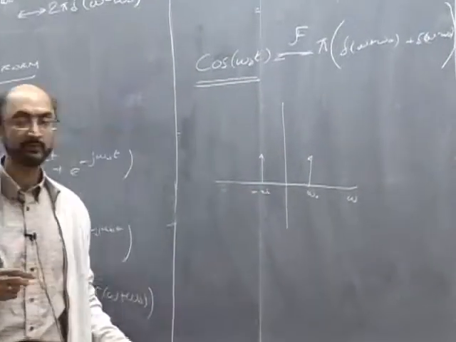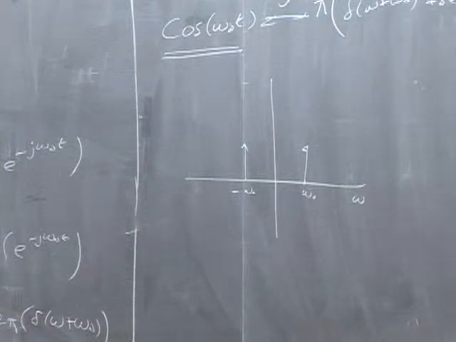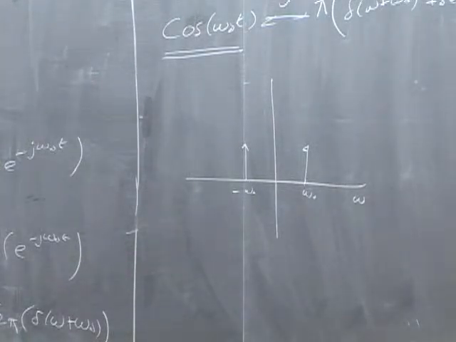Remember, we write a delta with an arrow pointing up. So these are two impulse functions in the frequency domain at these values. And we can think of them as two counter-rotating phasors, because one is positive frequency, one is negative frequency. And that's the one I showed you.